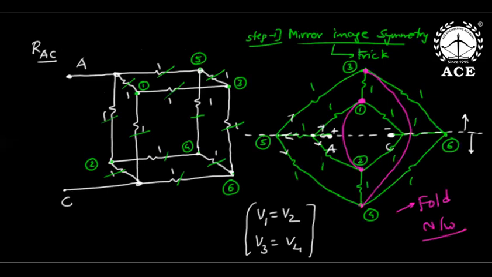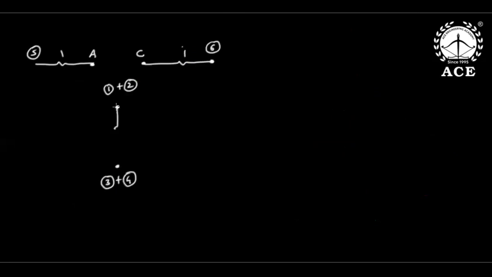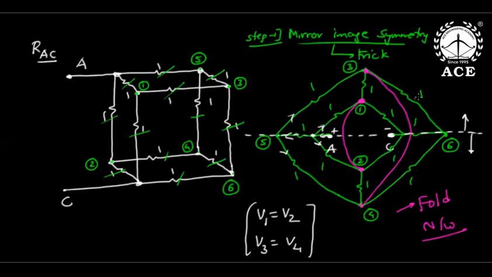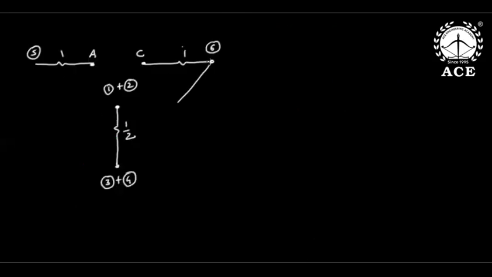Now if you join 1 and 2, this one becomes parallel. After bending this part onto this part, you bend it from up to down, join 1 and 2. So this 1 ohm becomes parallel half. And even this 1 becomes parallel half. This is also half.